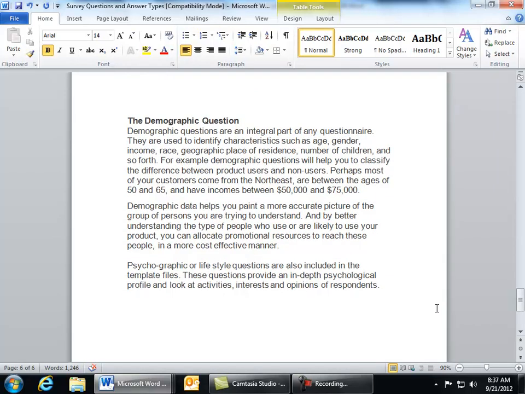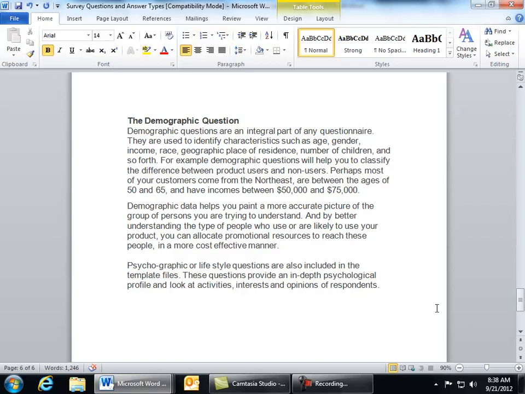And then the demographic question. Demographic questions are an integral part of any questionnaire. They are used to identify characteristics such as age, gender, income, race, geographic place of residence, number of children, and so forth. For example, demographic questions will help you to classify the difference between product users and non-users.